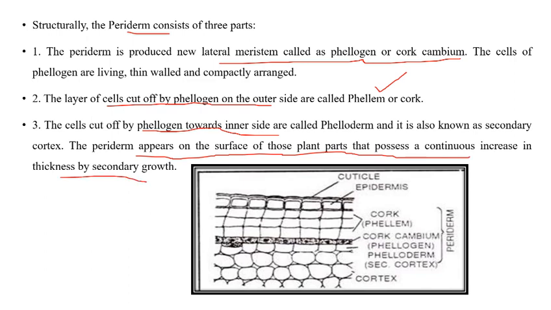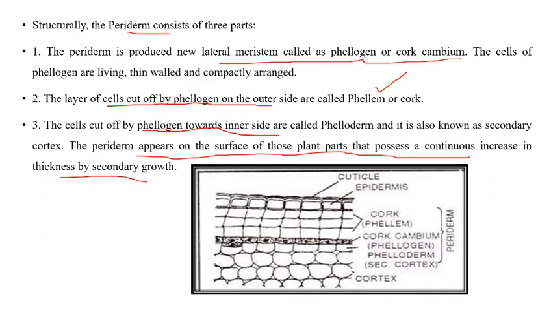So, I have told you one thing, that it is a secondary outer layer of the plant. What is periderm? That means what is the structure of periderm? It consists of three parts structurally. One is cork cambium. The periderm is produced by a new lateral meristem called cork cambium. This cork cambium layer divides and forms phellem or cork towards outside and phelloderm towards inside.